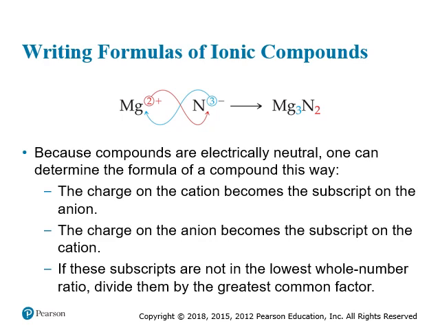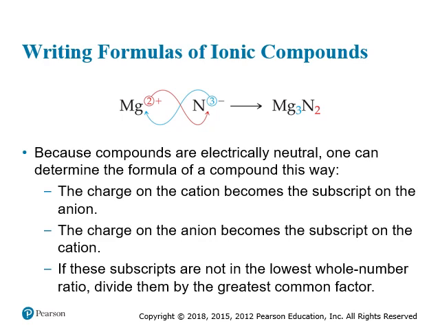So if we had an example of something like magnesium, magnesium tends to form a cation with a charge of +2. Nitrogen tends to form an anion with a charge of -3. That means that in an interaction between magnesium and nitrogen, magnesium wants to lose 2 electrons, nitrogen wants to gain 3.